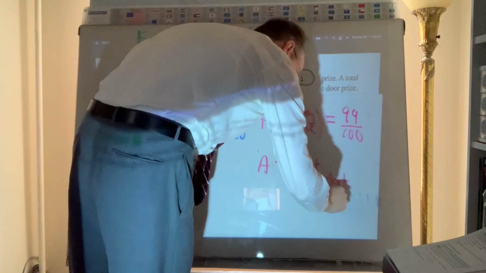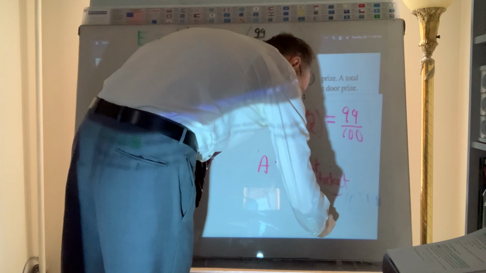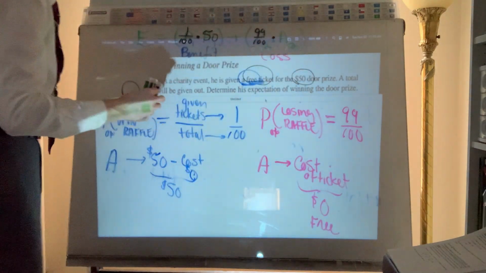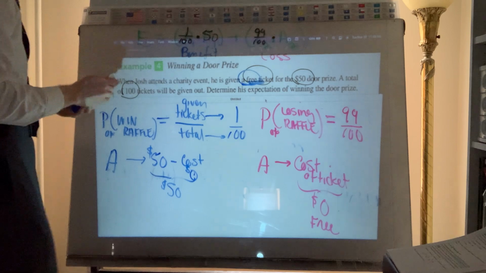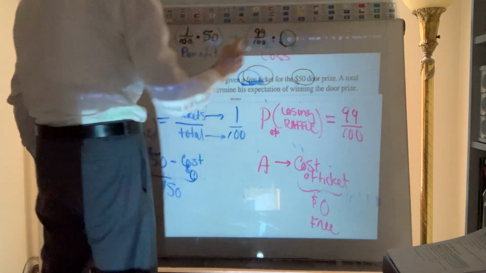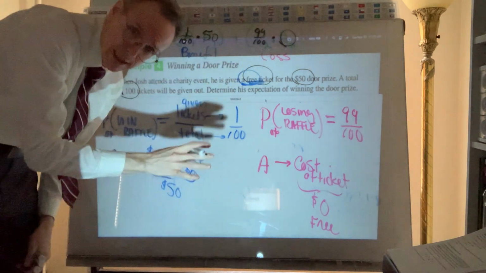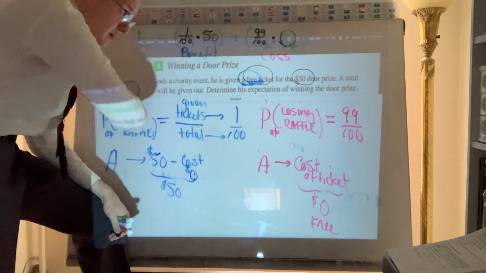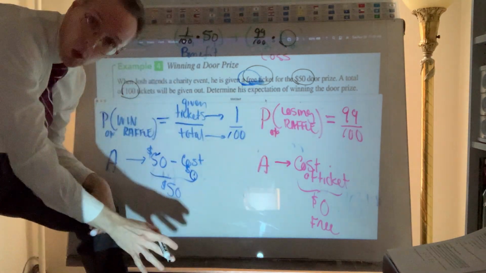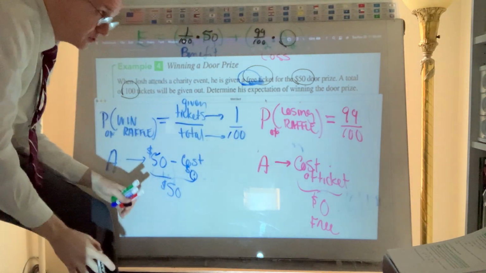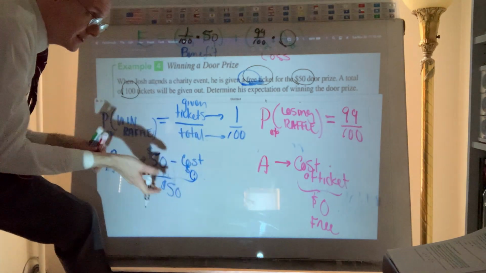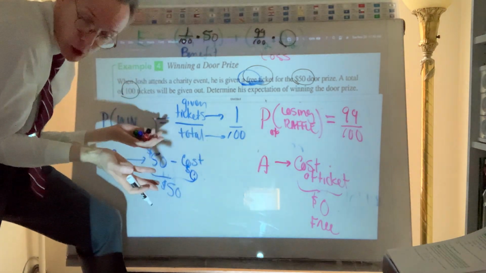Right? So it's actually $0 because it was free. Which means that a 0 would go up here. Now, without doing too much math, is this going to be a disadvantage at all? Not really, right? Because if the person didn't pay for anything, then they haven't taken a hit in any way, shape, or form, right?